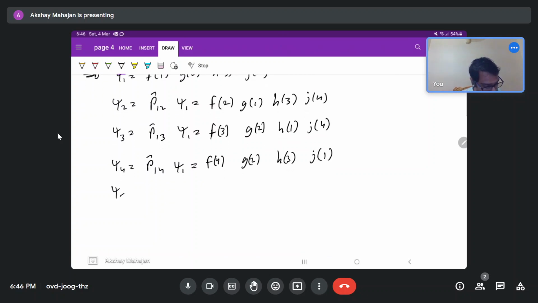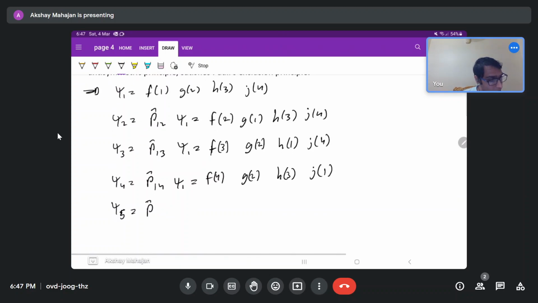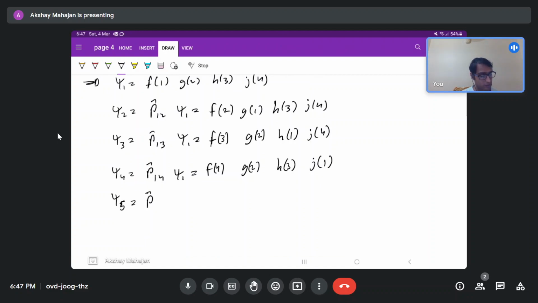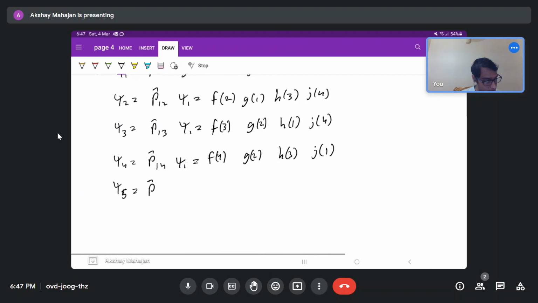Alright. Similarly, now I can do similar permutation on psi1 itself, we can just continue doing this.